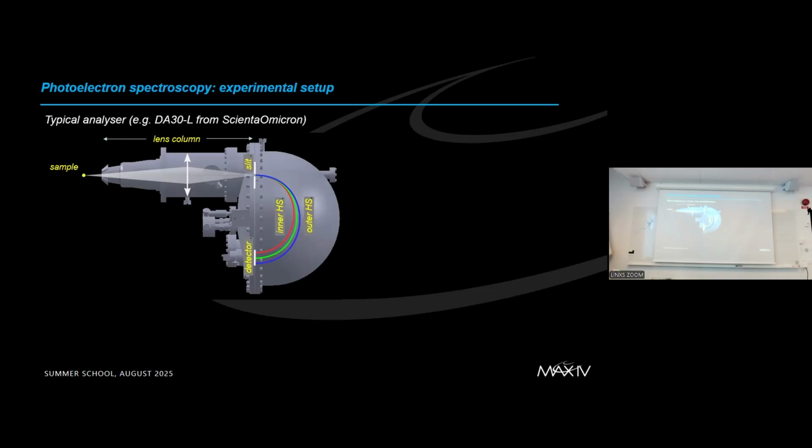This green path, for example, depends on the pass energy of the analyzer we select. The pass energy is the energy of this middle trajectory, so to say. For example, one can say that the green trajectory is something like 100 electron volts, red will be something like 95, and blue will be something like 105.